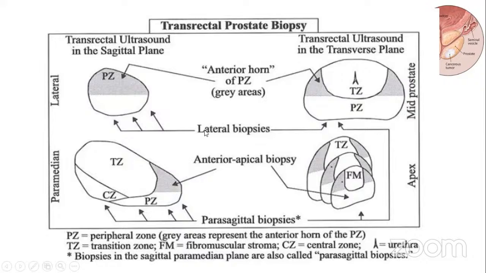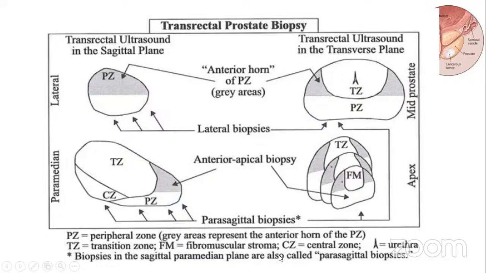And then lateral biopsy from the base, mid, and apex. This is known as lateral biopsy and anteroapical biopsy. Anteroapical biopsy is the site for taking the prostate sample. So the peripheral zone, the gray area, surrounds the whole transitional zone. And also we have the fibromuscular stroma, the central zone, and this here is the urethra.